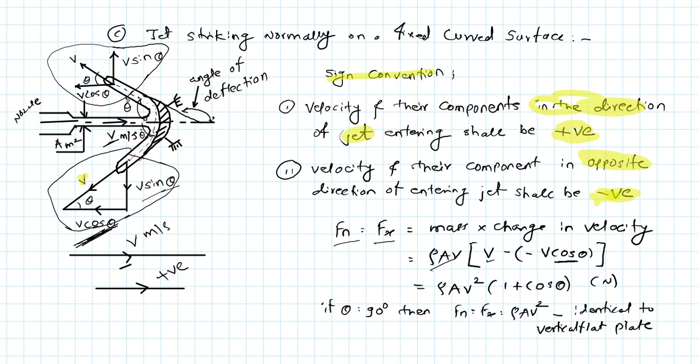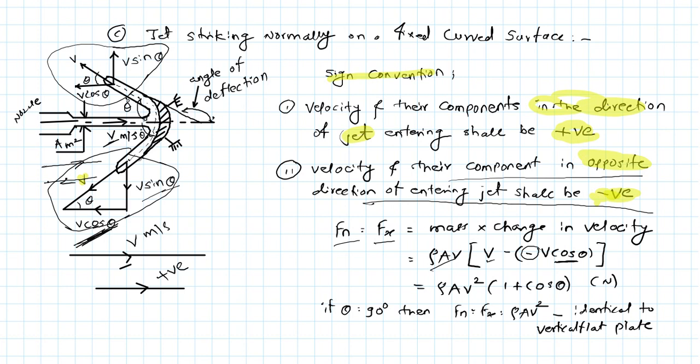But as per the sign convention, as the direction of the jet is this one and the component is directed opposite to that one, we take a minus sign here. As per the sign convention, as the component is in the opposite direction, the change in velocity shall be negative. So minus minus gets plus, we take common, and we get rho a v square (1 plus cos theta).